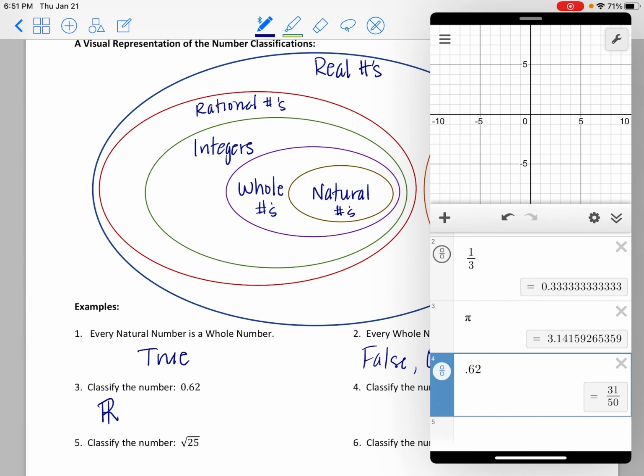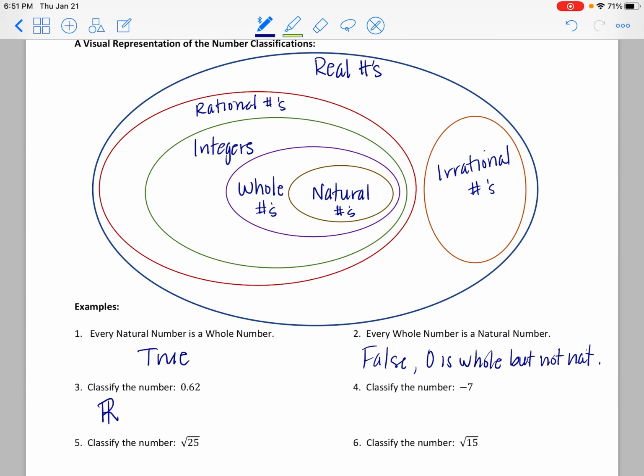It's 31 over 50. So we know that it's going to be rational, and we were using the letter Q for rational. But it's not going to be integer, whole, or natural because it is a decimal. The integers, wholes, and naturals are all whole. There's no fractions or decimals in any of those subgroups. So it's just a real, and it is rational.